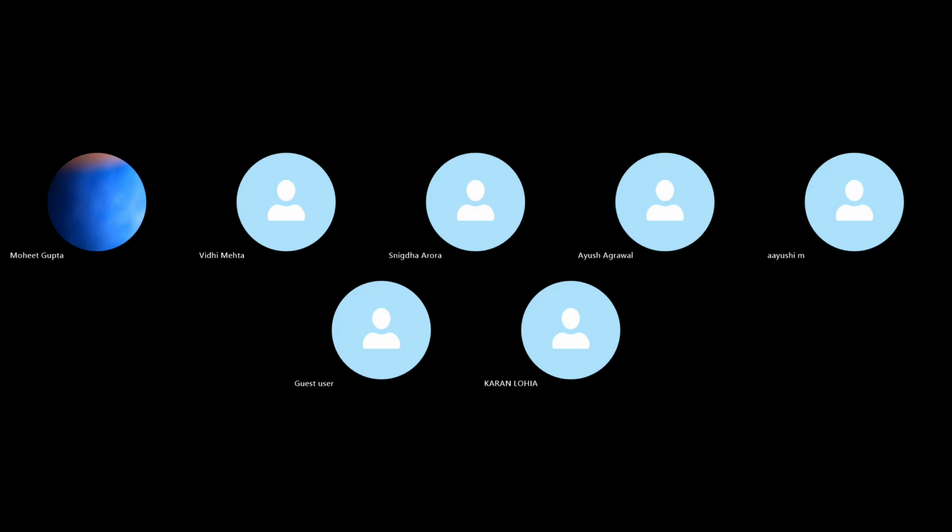Check it. 50 lakh passenger vehicles. 50 lakh cars.